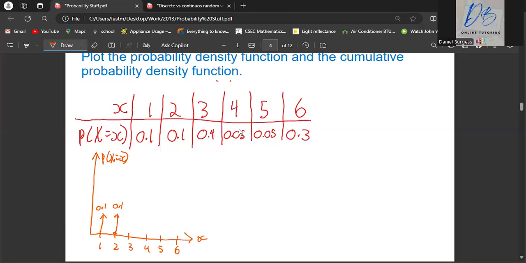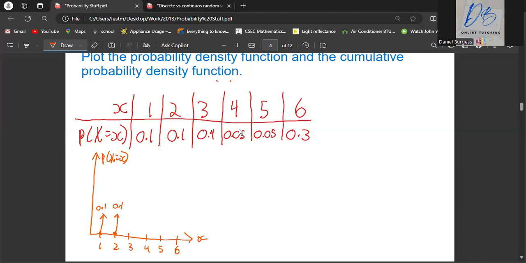Now looking at it, you notice it only exists at discrete points, nothing in between. Because this is discrete. When you do continuous, we'll have values in between the points. But since it's discrete, it only exists at the specific points.